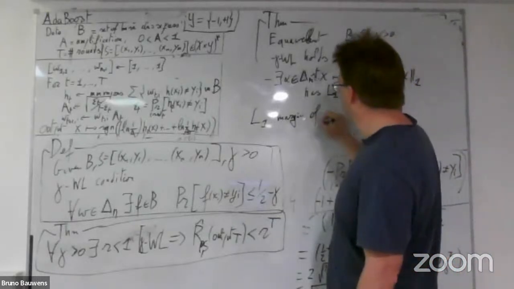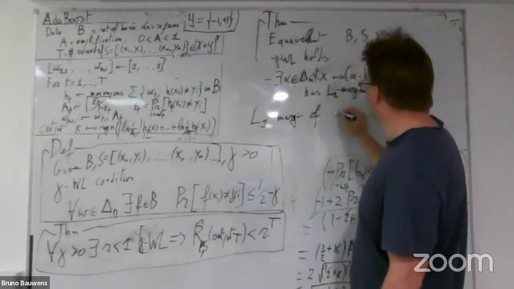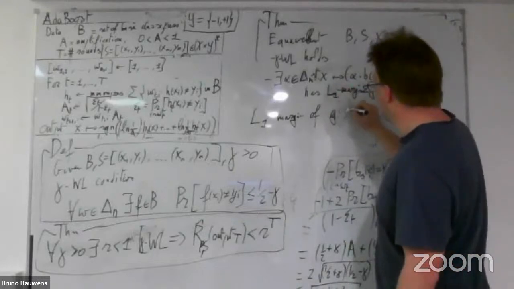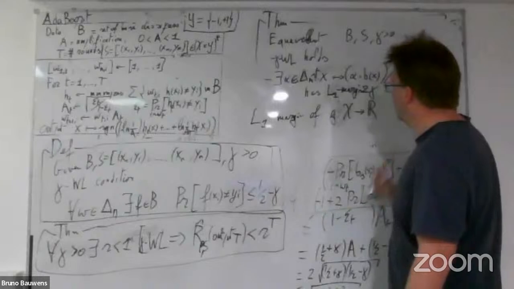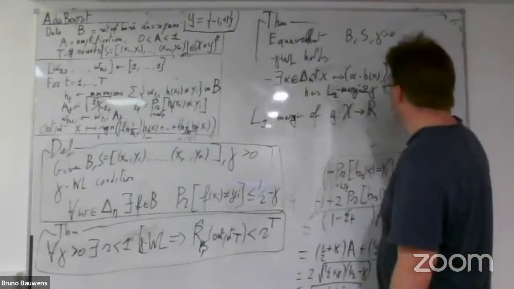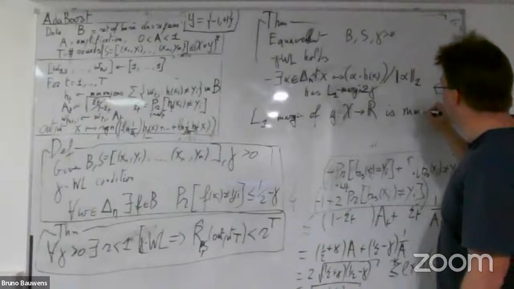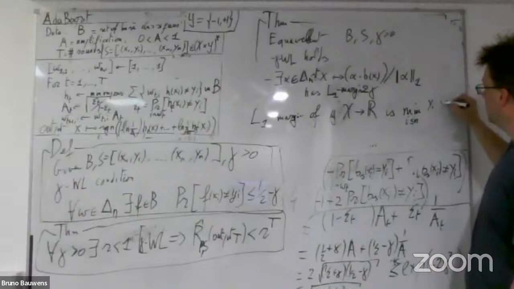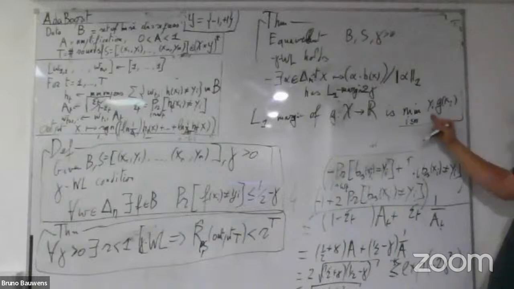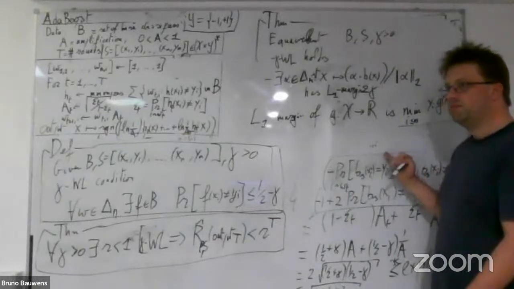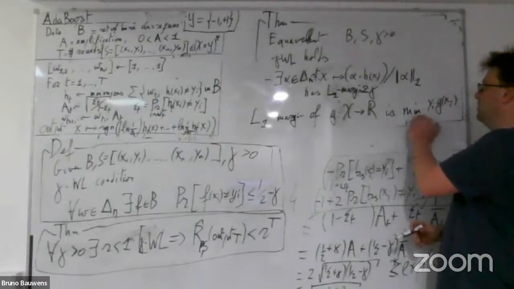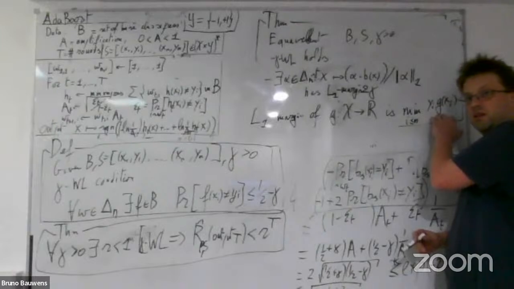And so the L1 margin of some function g, a regression function to R, is just the minimal value over the training set of y times g of x. But what the margin is, is a natural thing, right?